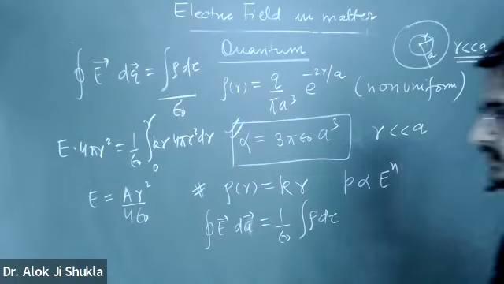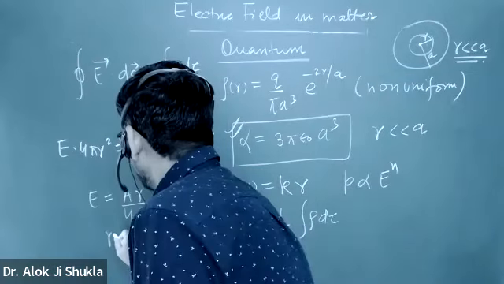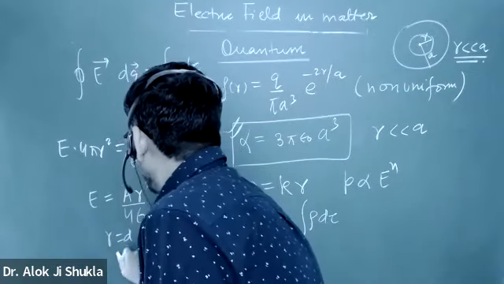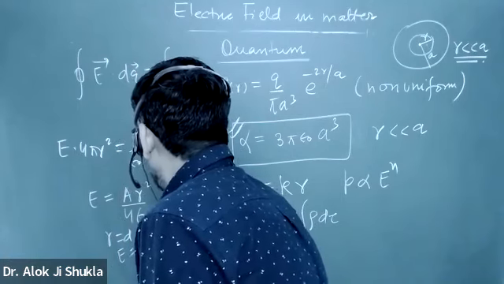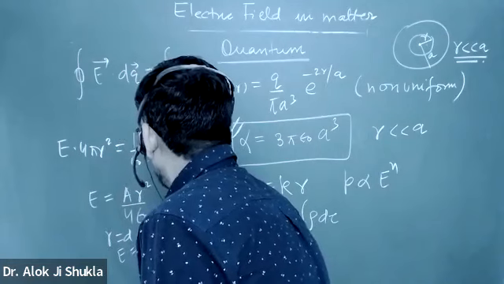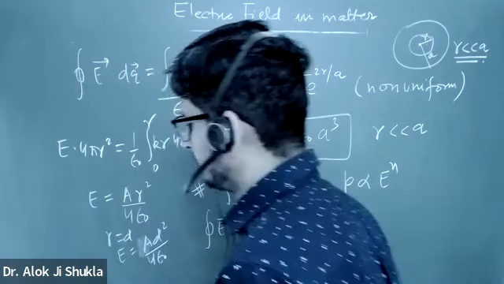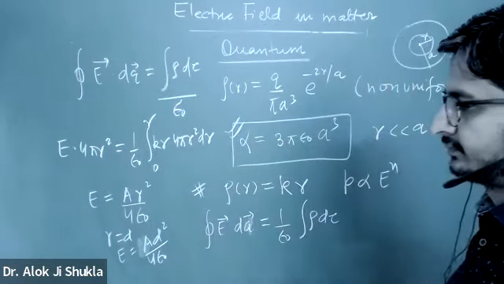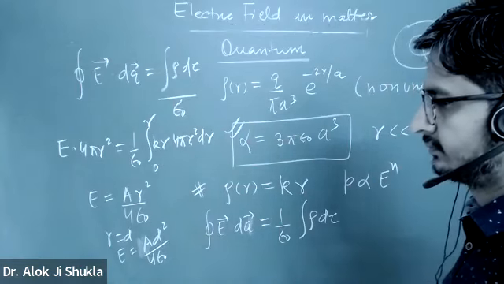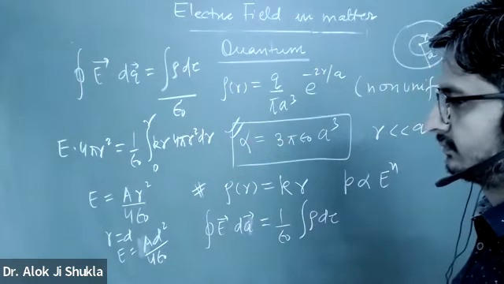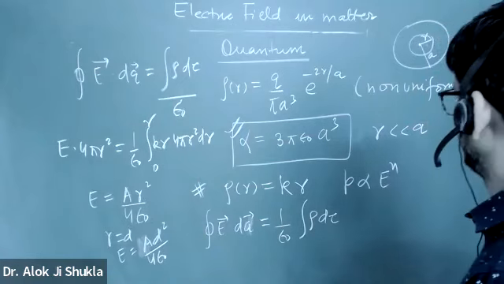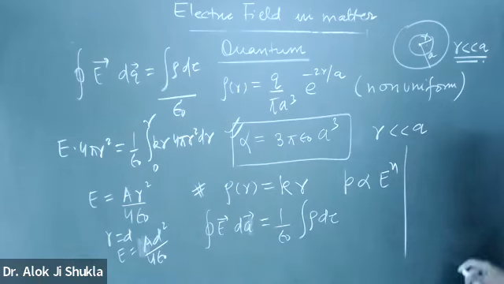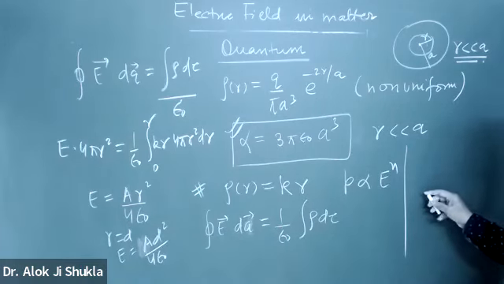If I consider it to be that equilibrium distance, so E will be a d square by 4 epsilon naught. So coming to this, you want P, so you want charge.